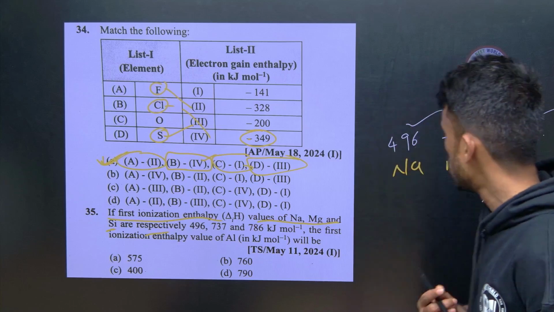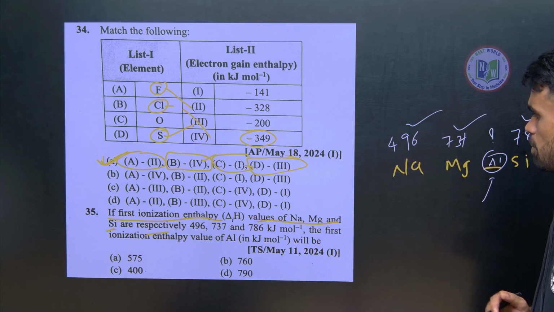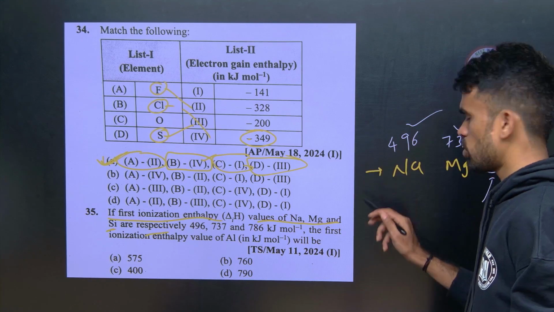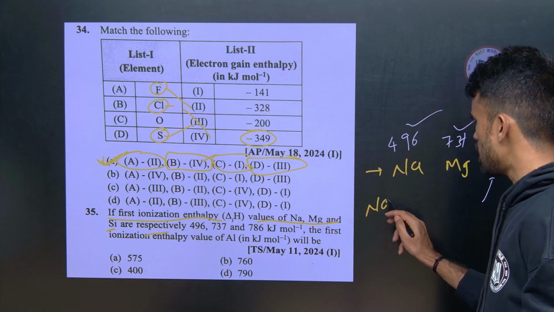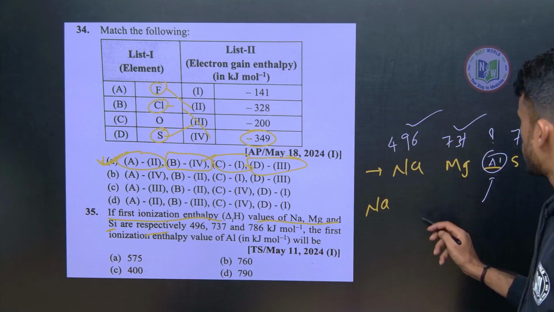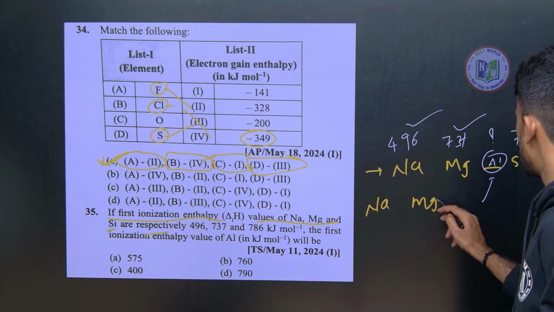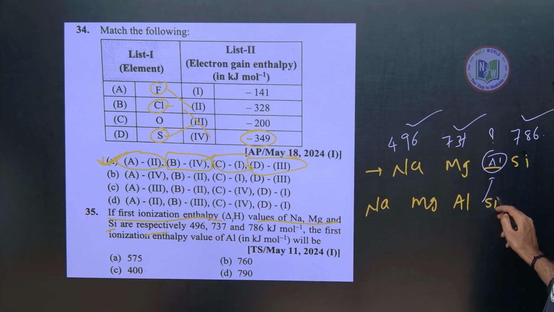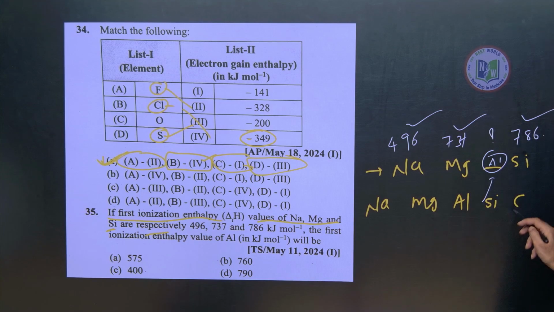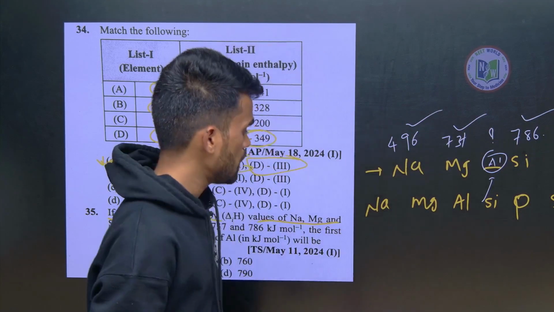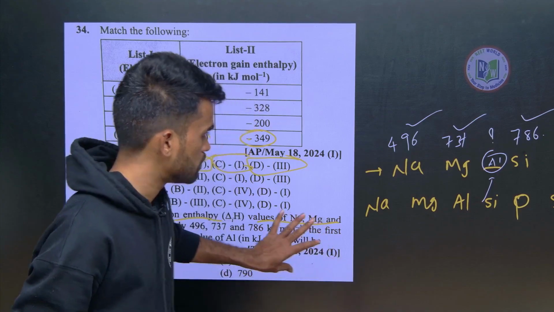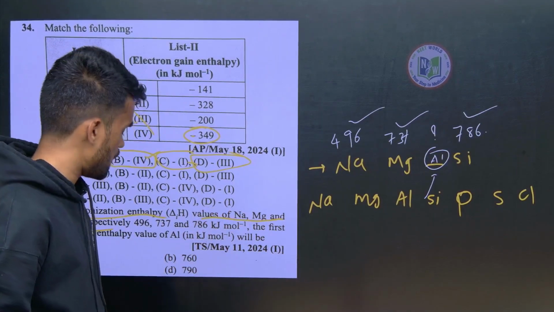So what do we know for these period elements? What are the elements we have in the third period? Sodium, magnesium, aluminium, silicon, phosphorus, sulfur, and then chlorine. Now how do we arrange them based on their ionization energy?